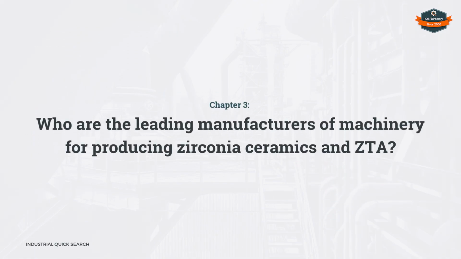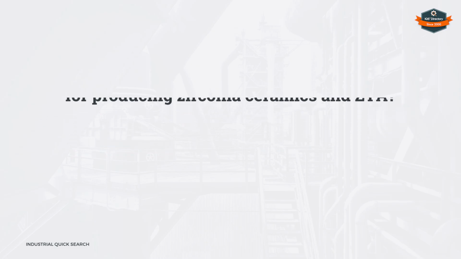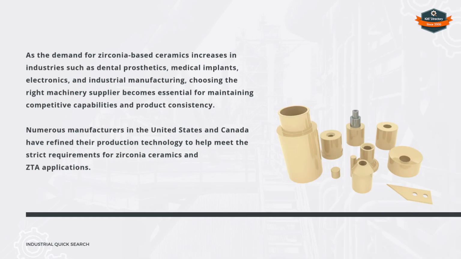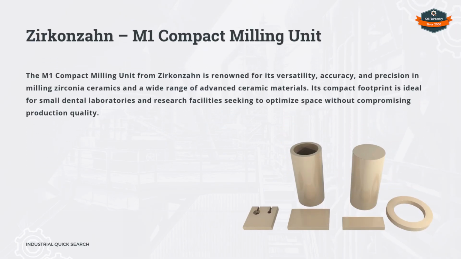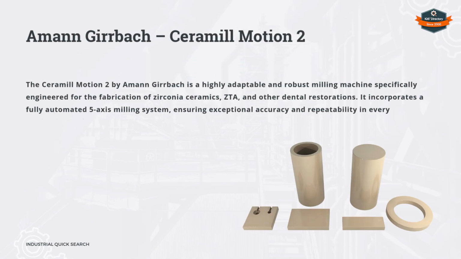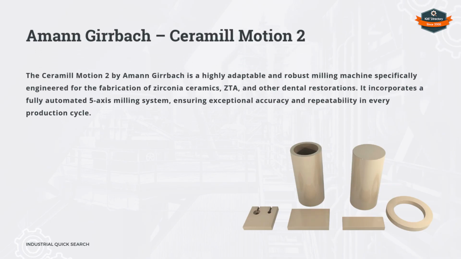Chapter 3: Who are the leading manufacturers of machinery for producing zirconia ceramics and ZTA? Zirkonzahn M1 compact milling unit. Amann Girrbach, Ceramill Motion 2.